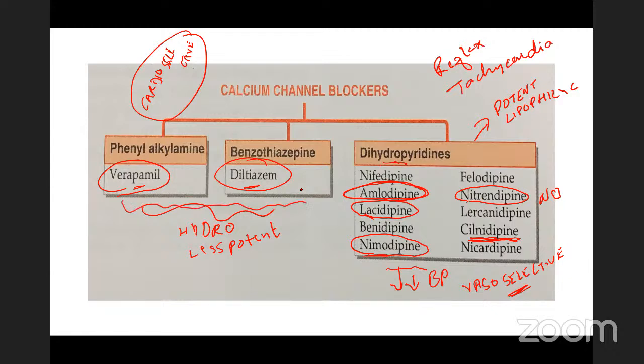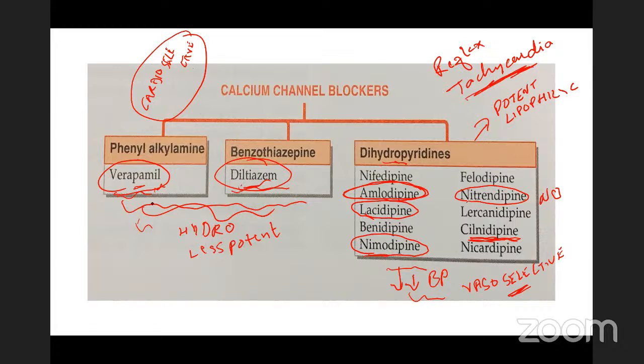Reflex tachycardia is more in the dihydropyridines because of rapid reduction in the blood pressure and the compensatory stimulation of the sympathetic nervous system, which increases the adrenergic drive to the heart and the heart rate.